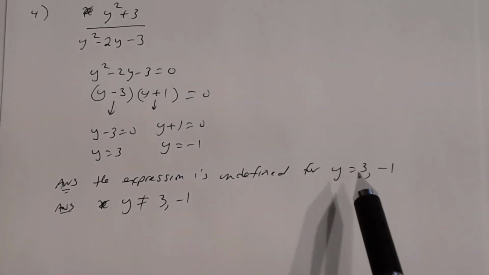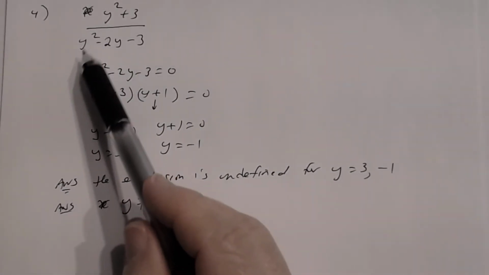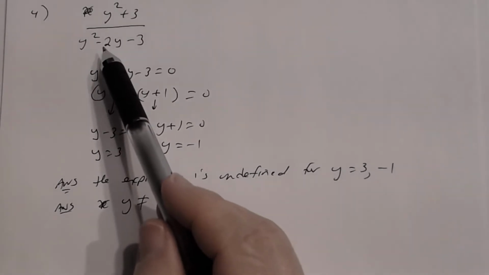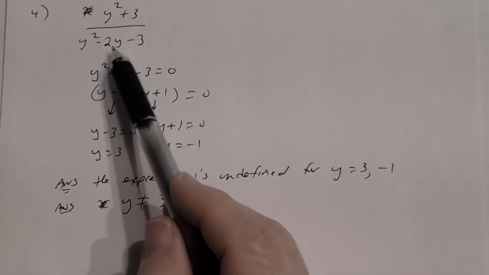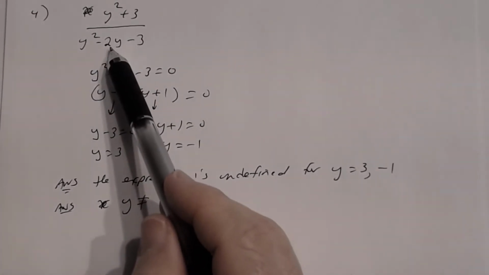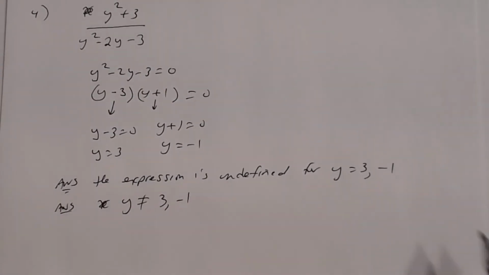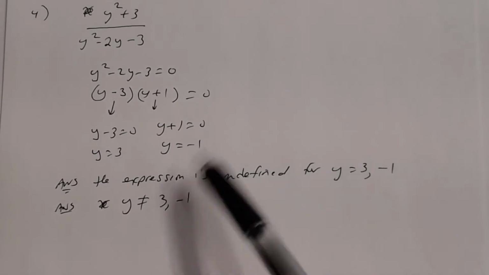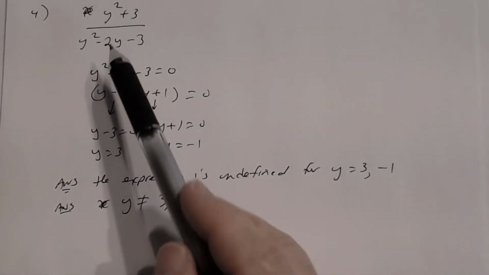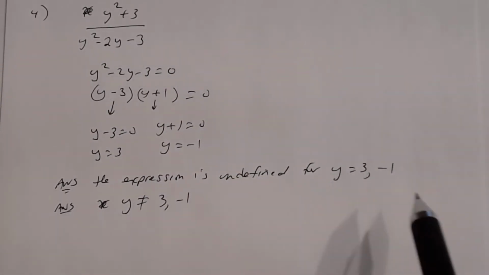You can check it, for example, with 3. What's 3 squared? That's 9. What's 2 times 3? That's 6. What's 9 minus 6? 3. And what's 3 minus 3? 0. You can do the same thing for negative 1. So again, this rational expression is undefined when y is 3 and when y is negative 1.